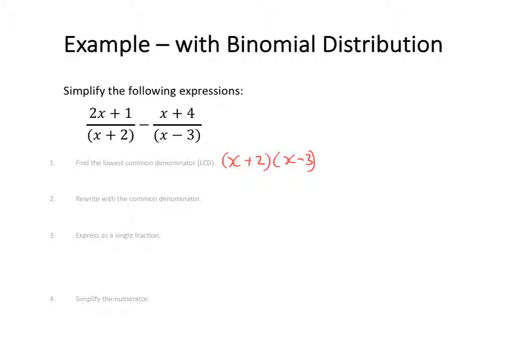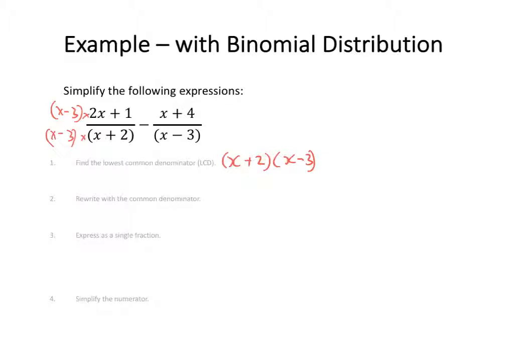So now that I know what my lowest common denominator is, I need to rewrite my expression using that common denominator for both my fractions. To do that, I need to have a look at what changes I need to make to the original fractions. So to get a common denominator of x plus 2, x minus 3, I need to multiply the first fraction by x minus 3. So x minus 3 for the denominator and x minus 3 for the numerator.